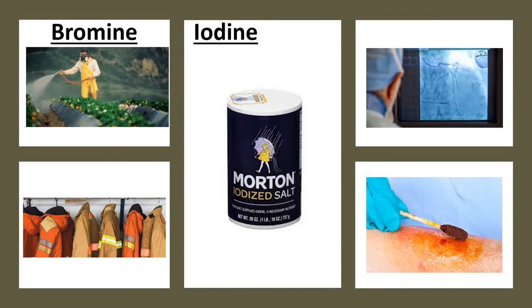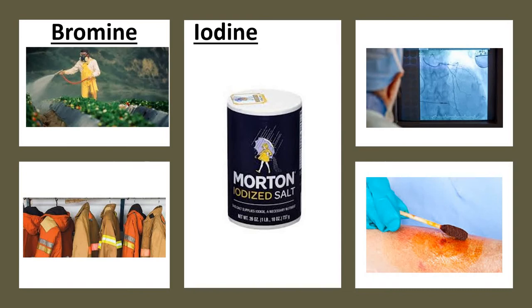Bromine is also embedded into clothing in order to make a flame retardant so that they don't burn. So things like the firemen's jackets, children's pajamas, certain fabrics and things that are in your home would be treated with compounds including bromine so that they are less likely to burn or burn quickly.